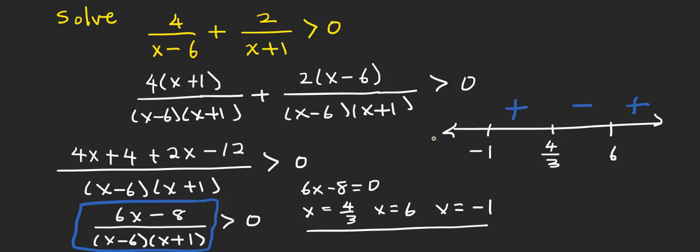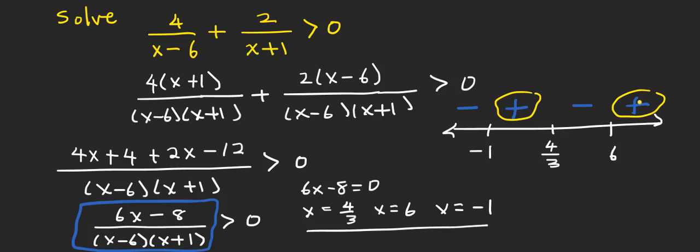What about over here? You could choose negative 10 or negative 5, any number less than negative 1. Plug it in. You get negative, negative, negative, so you end up getting negative. In order for this to be a solution, it has to be greater than 0. And positives are greater than 0.